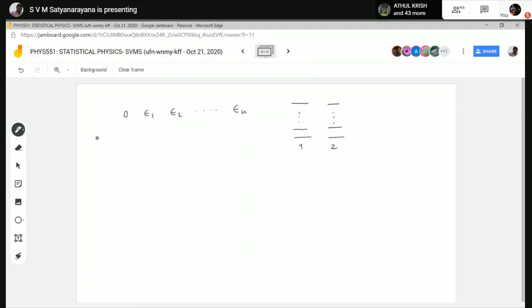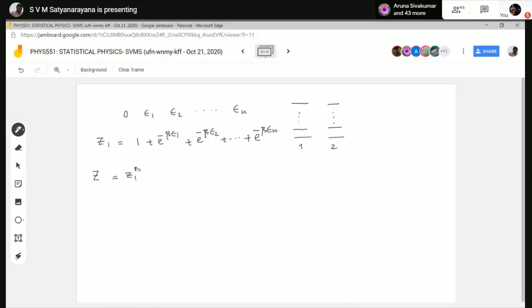So in this case, my z1 becomes 1 plus e to the minus beta epsilon 1 plus e to the minus beta epsilon 2, etc., up to e to the minus beta epsilon n. Correct? So what will happen to the total partition function? It is the same.